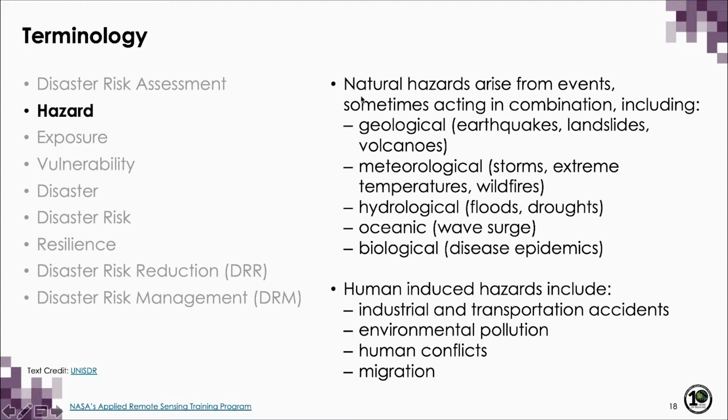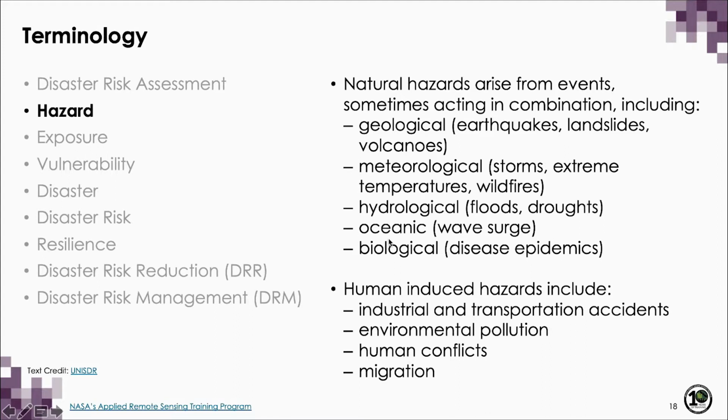hazards can be either natural or they can be human-induced. So natural hazards are listed here. In nature, they can be geological, such as earthquakes, landslides, and volcanoes, meteorological, which are storms, extreme temperatures, wildfires, extreme precipitation. You can have hydrological, which also includes floods and drought and extreme precipitation.